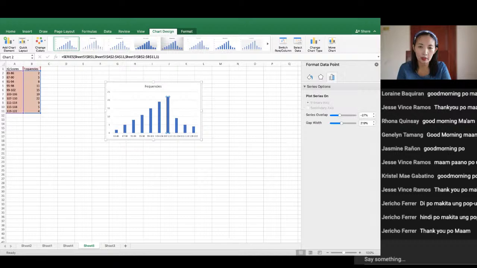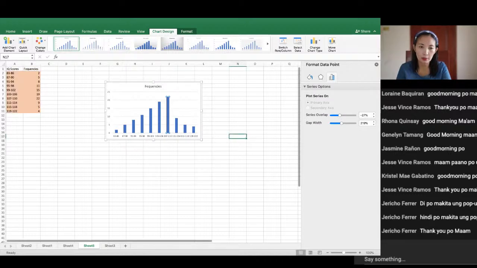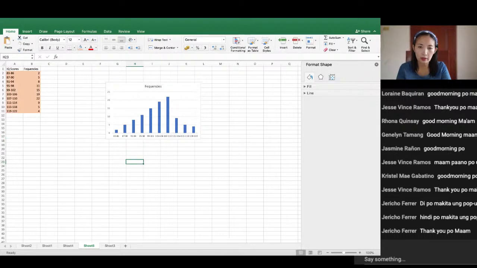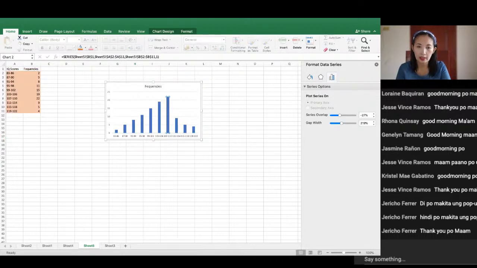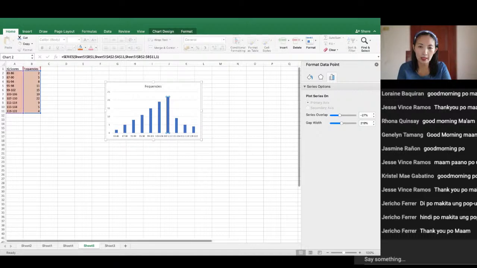Click on any one of the bars and then look for this format data point. Then you have here 3 options: the bucket, the pentagon, and the bars.